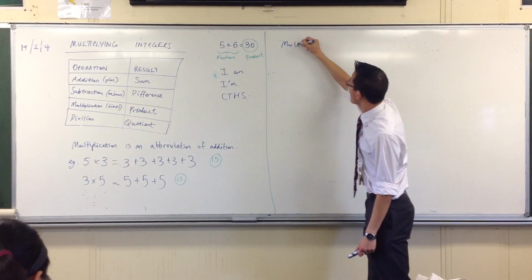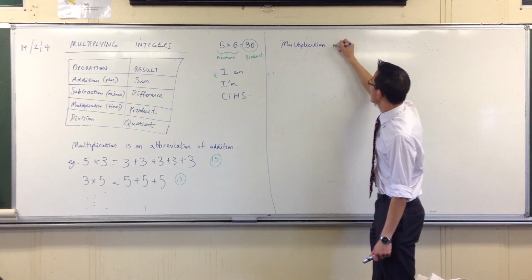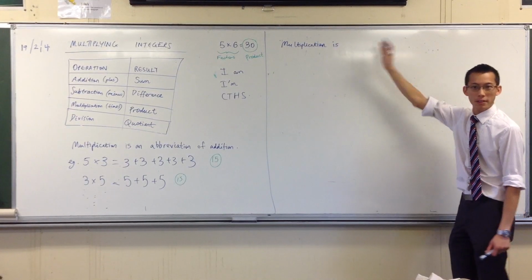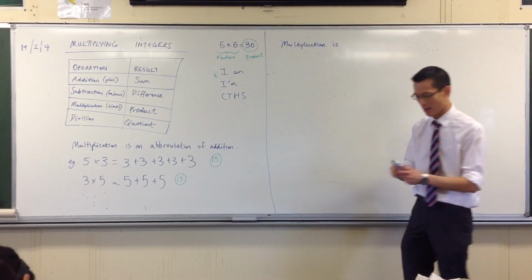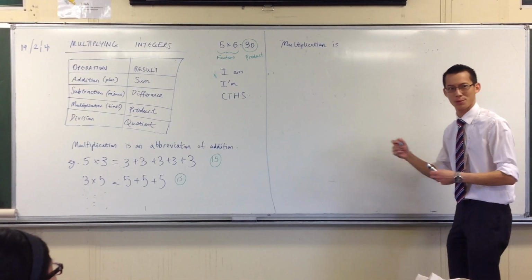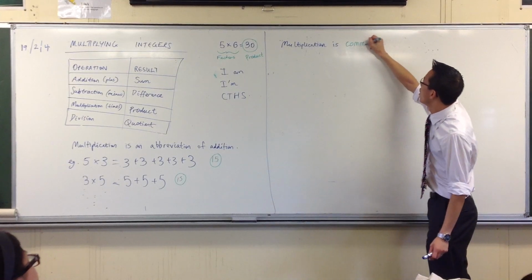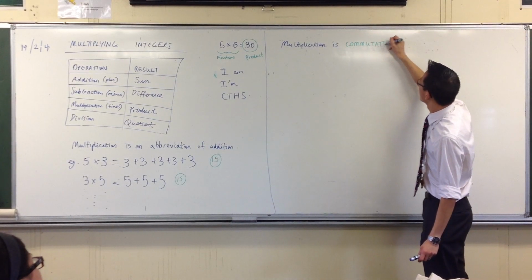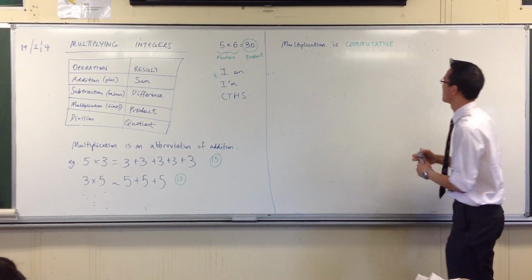I'll give you the word because it is a bit unusual. Here's the sentence I'd like you to write underneath this. Multiplication is, and we'll put this next word in capitals, or if you've got another colour, you can do that. I've got another colour, and I'm going to do it in capitals because it's so important. Multiplication is what we call COMMUTATIVE. Okay? Whoa, that's a weird word.